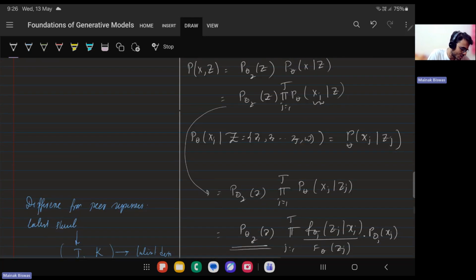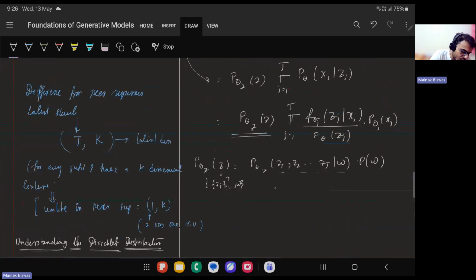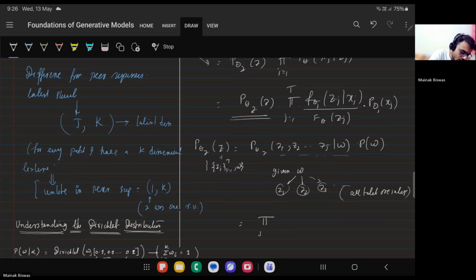And now from the graphical structure, you can see that given omega, all the zj's are independent. Given omega, all latents are independent. So this becomes the product over j equal to 1 to J of p theta of zj given omega, times p of omega.